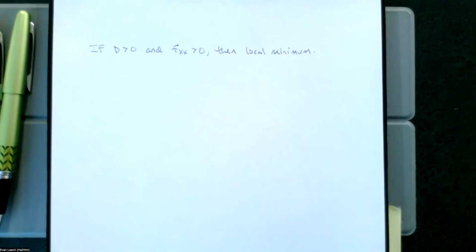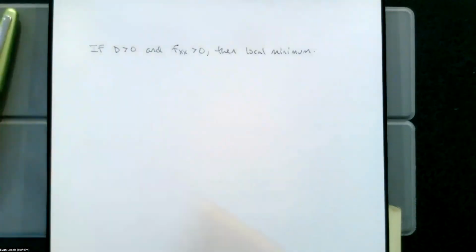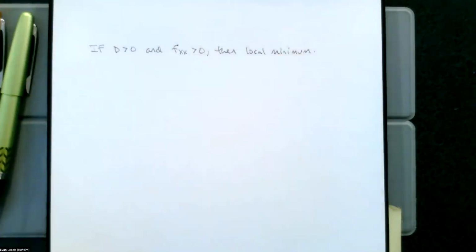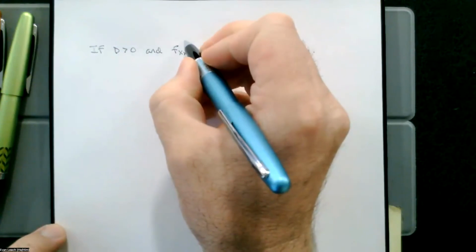That fits with what we talked about before. This is where if D is positive and fxx is positive, then we get to say local minimum, because we're thinking it's like concave up. A second derivative is positive, that's concave up, that's local minimum.